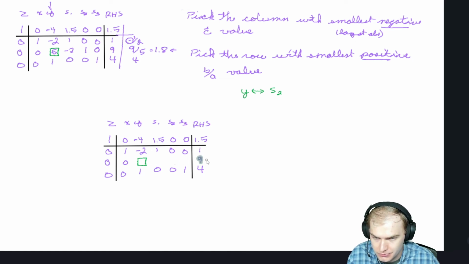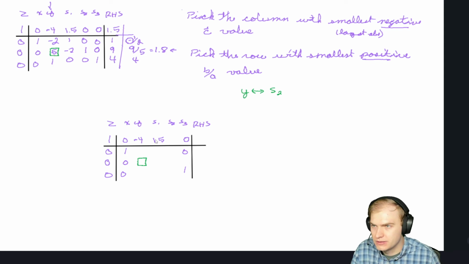So this whole row is going to change. We have a -2. We want to replace that with a 0. So everything there is going to change. We're taking S2 out of the basis, so it's probable that that whole column changes. We'll be adding something here. The right-hand side is going to change. This is a 1. We want it to be a 0. So all of this is going to change. So let's get to it.